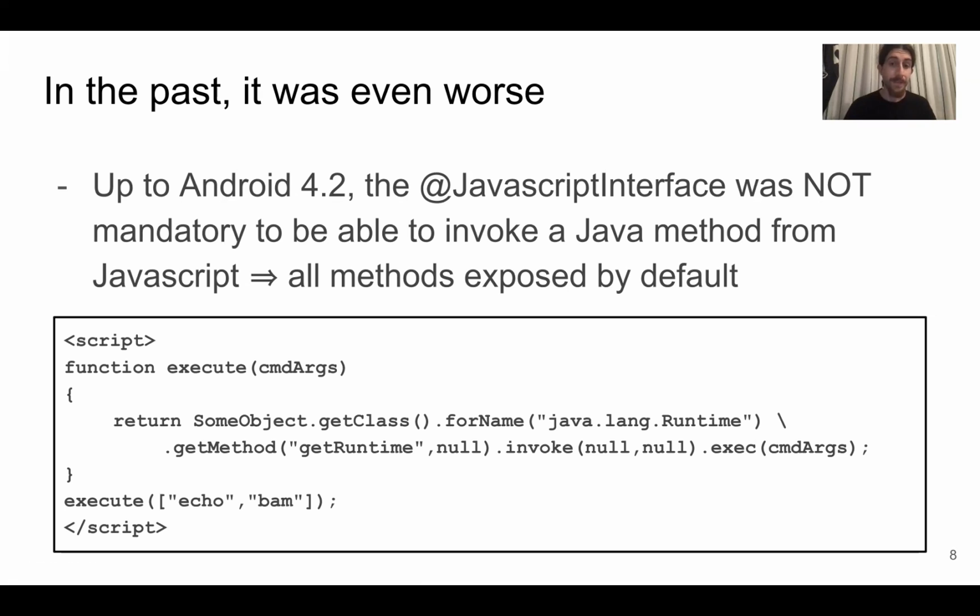Okay, so this was very, very problematic, and that's why the Android security team eventually decided, okay, you know what, by default, maybe JavaScript should not be able to access every Java method. Now we need to ask developers to explicitly say which Java methods should be available, and the way you do it is to add this addJavascriptInterface. Okay.